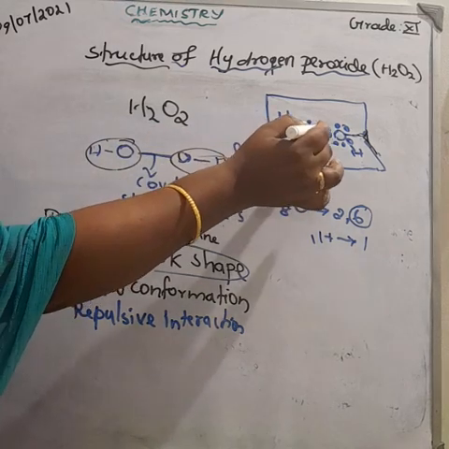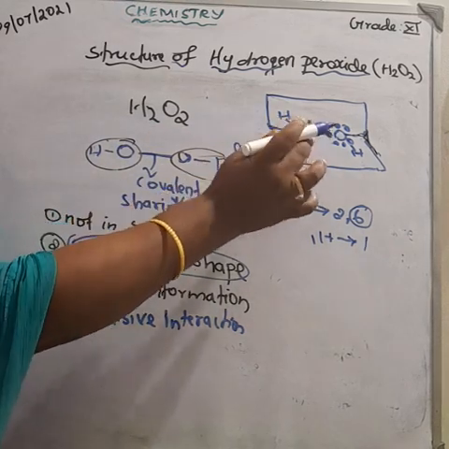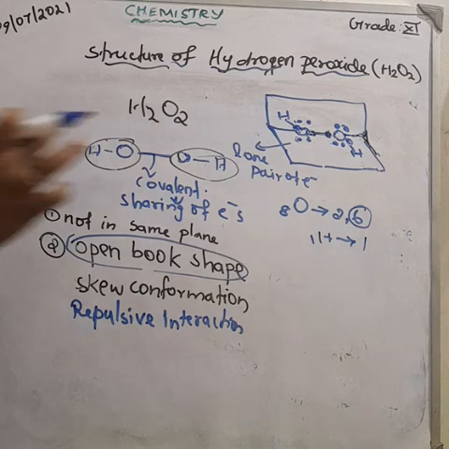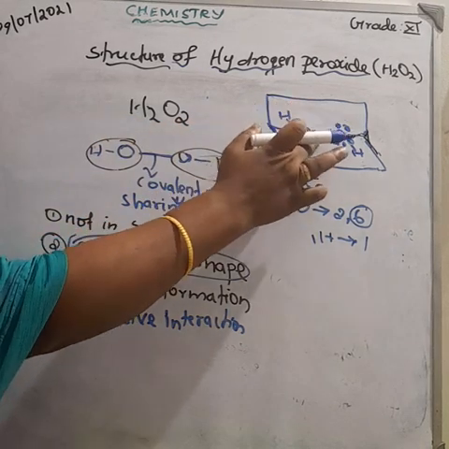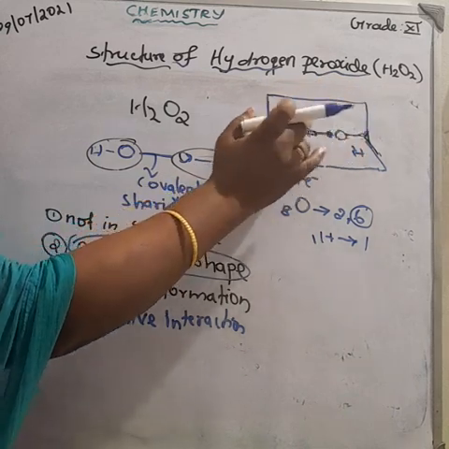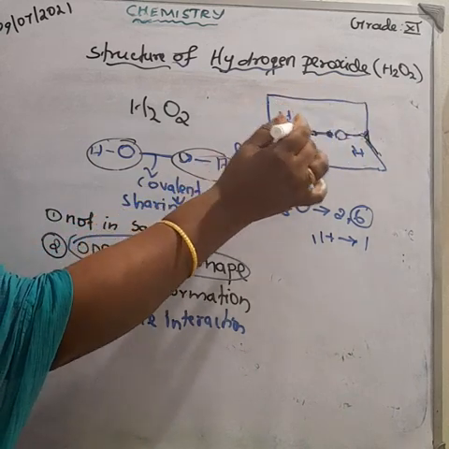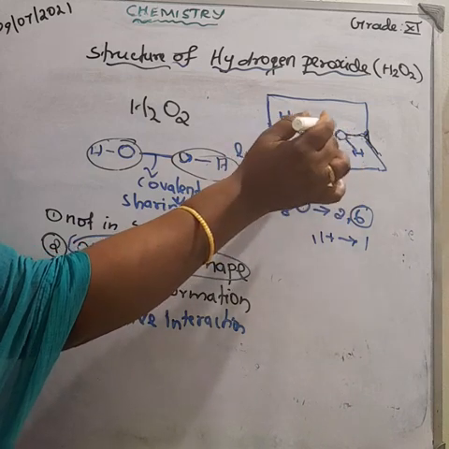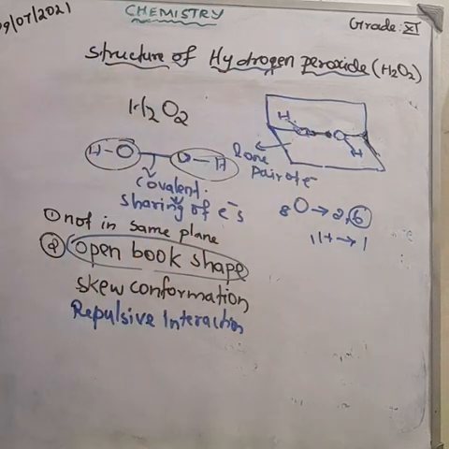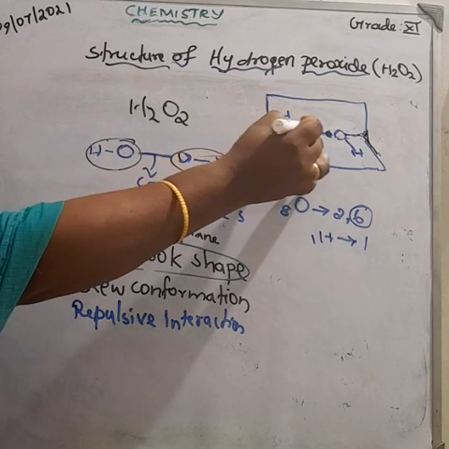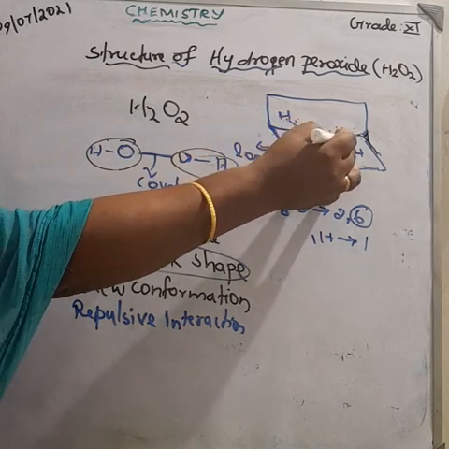So why is this skew conformation structure formed? Because of the repulsive interaction of the OH bonds with the lone pairs of electrons on each oxygen atom. Each oxygen atom has lone pairs of electrons, which means there is a repulsive force here, because opposite charges always attract each other, but same charges always repel each other.